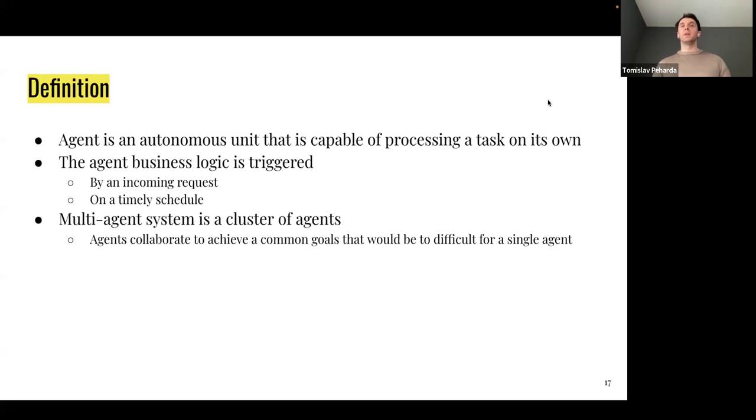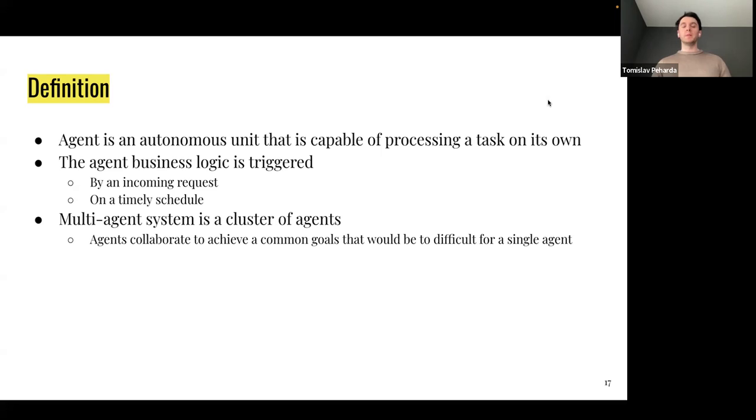So you have a piece of software which is responsible for receiving the weather, for example, or computing some mathematical formula. It's a very isolated type of task, which that single agent is capable of achieving on its own.